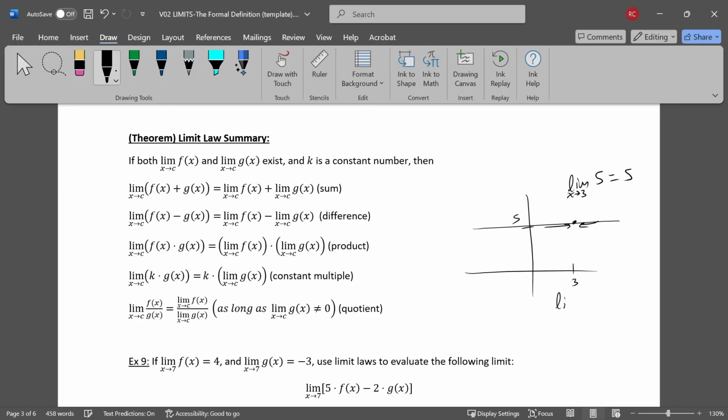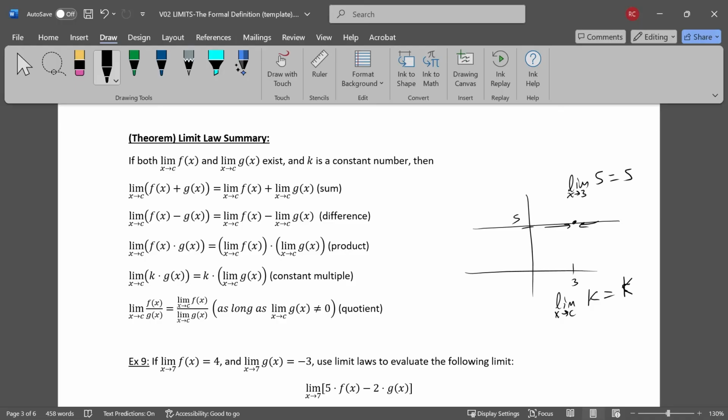So in general, the limit of some constant k as x approaches c is always that number k. So what I'm saying is the product rule, if you assume the function was a constant, justifies the constant multiple rule.